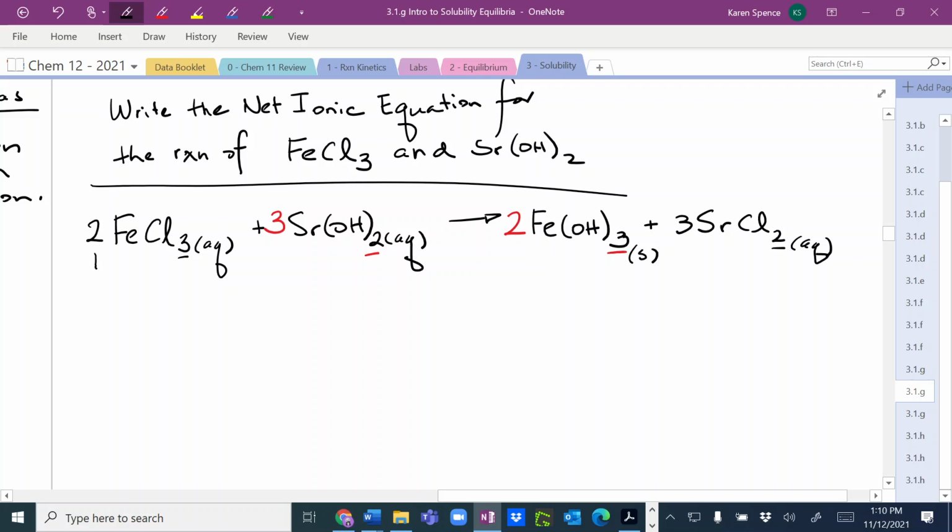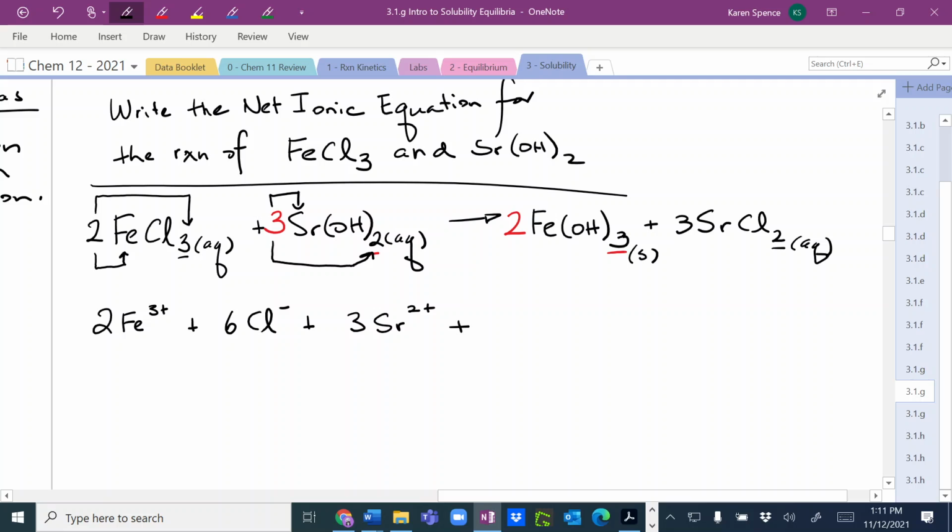How many iron do we end up with? 2. How many chlorides? 6. How many strontium? 3. How many hydroxides? 6. And all of those things are aqueous.